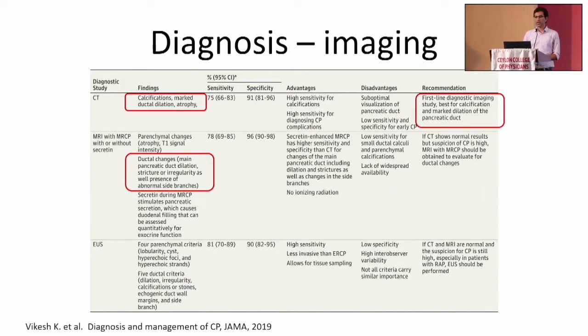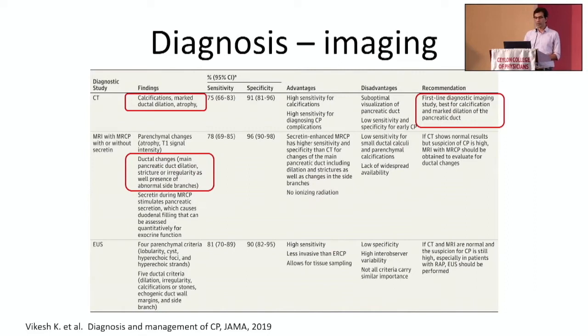So in that case, if there's still a suspicion of chronic pancreatitis and if the CT findings are not very convincing, then you can go ahead with an MRI with MRCP. MRCP is good for detecting pancreatic ductal changes, mainly pancreatic duct dilatation, strictures, and irregularities, which are well supportive of chronic pancreatitis.